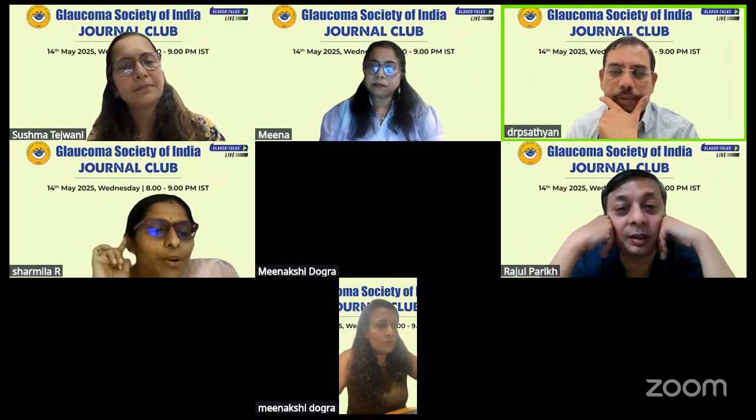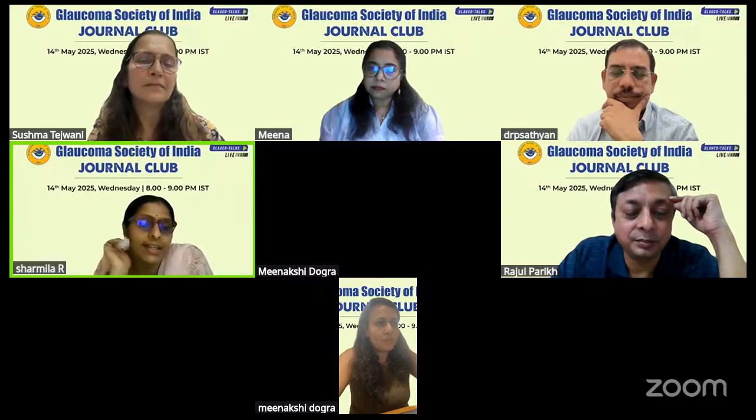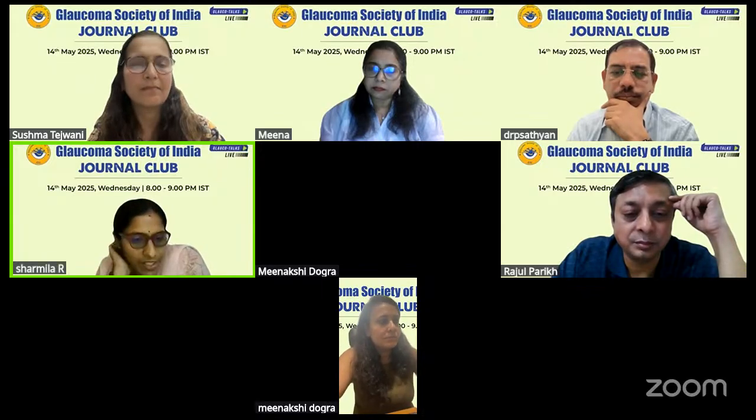Yeah, I just have one point to add. Like what Sushma was telling, I think Dr. Meenakshi also mentioned about the severity of glaucoma. What she was saying is, interestingly, the NFL level was not very high or indicative for severe glaucoma. And she also mentioned that it could be because of the floor effect.